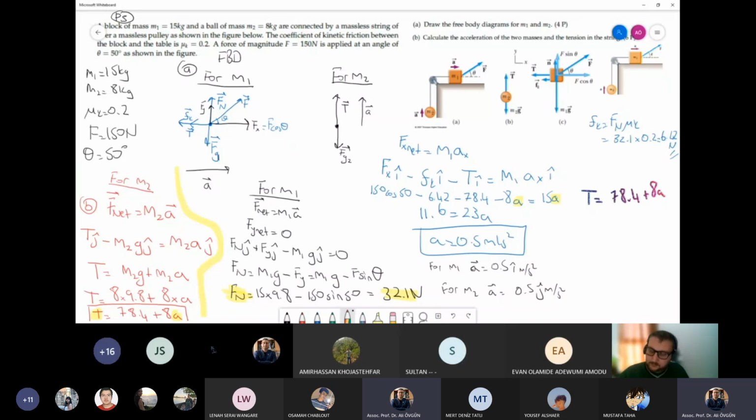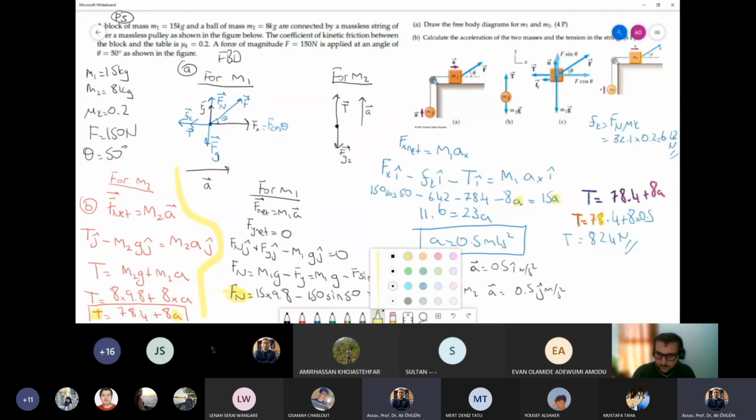So T is equal to 82.4 Newton. And we found what is the T. So this is the end of this example. We find a's and also we find T.